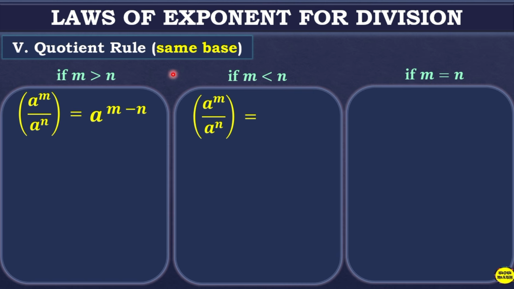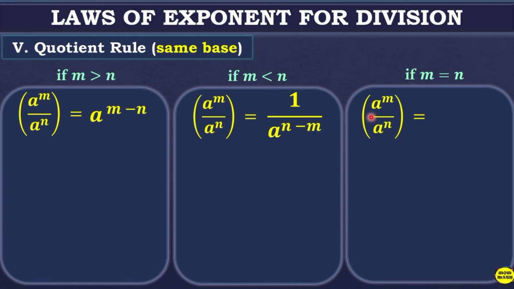Kapag naman mas mataas yung exponent ng denominator, magkakaroon ka ng 1 dun sa numerator. Depende. Kung walang maiiwan dito sa numerator, 1 ilalagay mo. Pero kung meron pang maiiwan, yun ang sagot. Mamaya ipapakita ko kung kailan 1 ang nasa numerator at kung kailan hindi mo siya ilalagay.